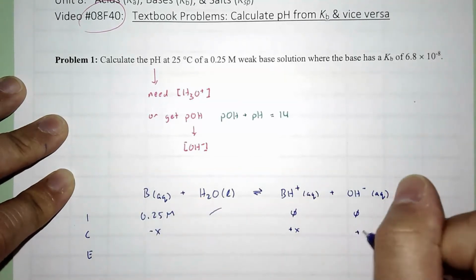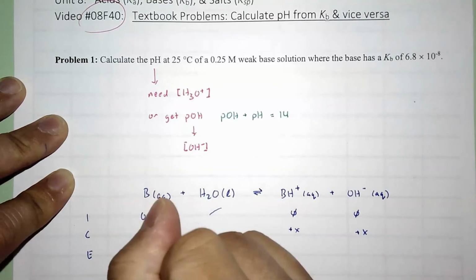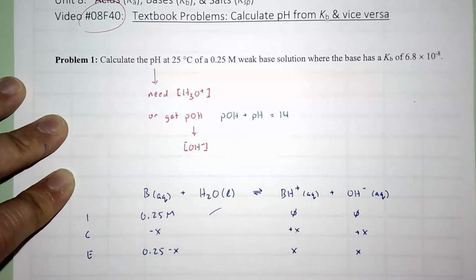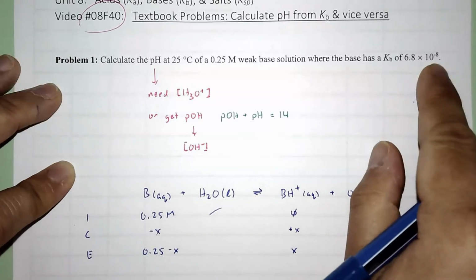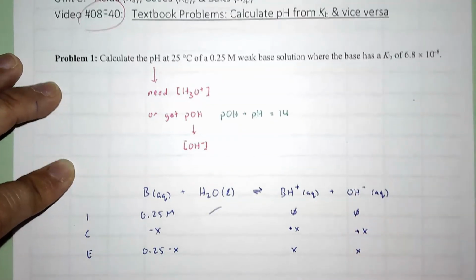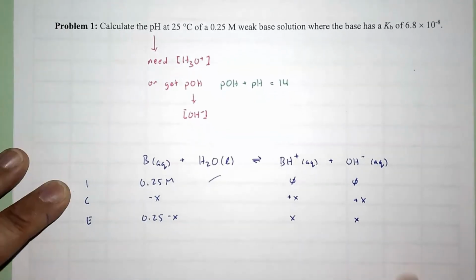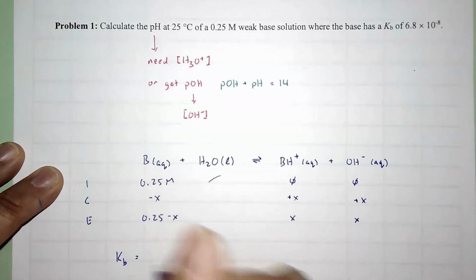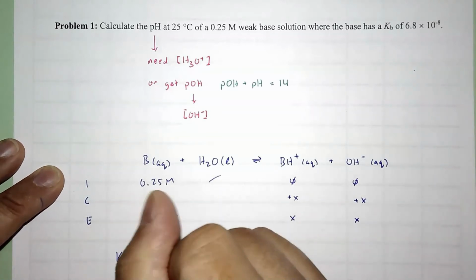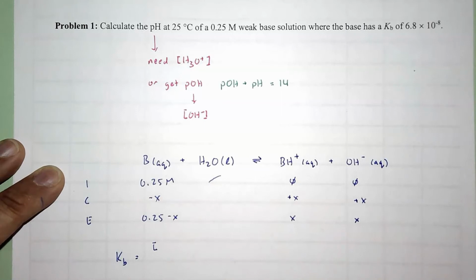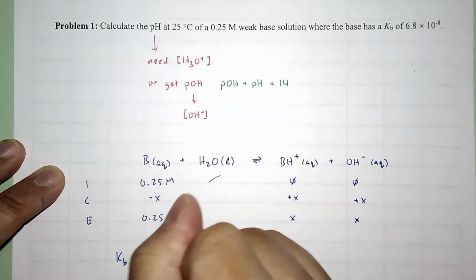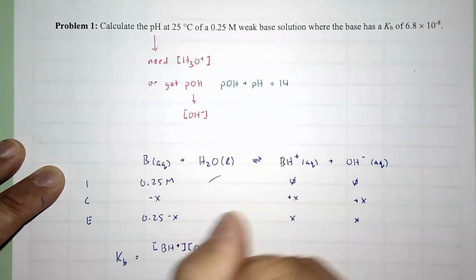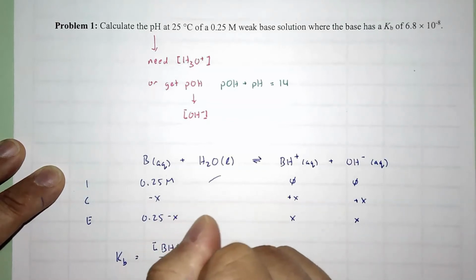Okay, we've done this before. 0.25 minus x, x and x. Taking a look at the Kb, it's 10 to the minus 8, so we are going to try to use the x is small approximation. And just as a reminder, let's write out the Kb expression using the compounds that we see here: BH plus times the concentration of OH minus over the concentration of B.